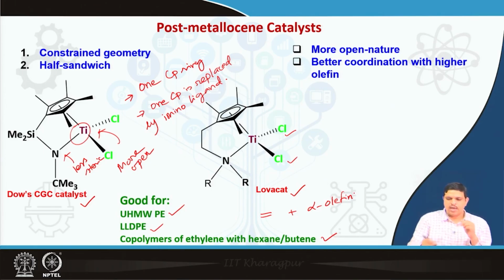Okay, because as it is more open, it can coordinate even little sterically hindered alkenes or longer chain alkenes very nicely. Not only alkenes, it can also coordinate styrene, so it can polymerize styrene molecules. It can also polymerize norbornene. Okay, you can understand that even such sterically hindered monomers can be polymerized by this kind of catalyst.